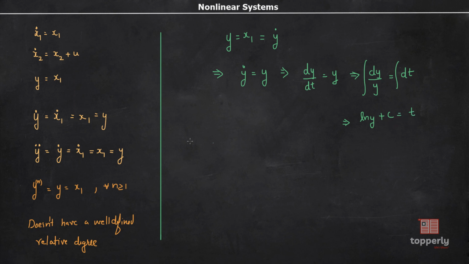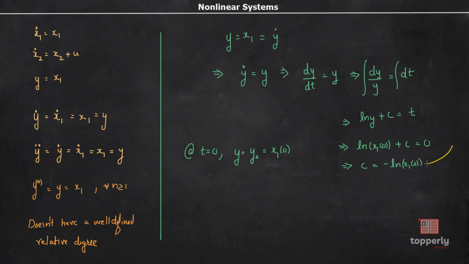Now at t equal to 0, we have y equal to y naught, which will be x1 of 0. Plugging this into the equation gives us ln of y naught, which will be ln of x1 of 0, plus c equal to 0. This gives us c equal to minus ln x1 of 0.